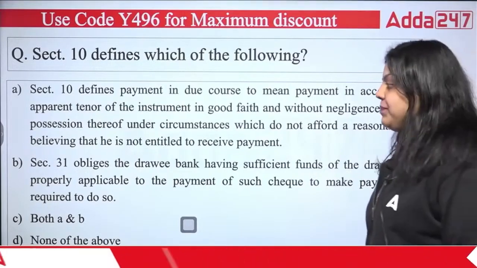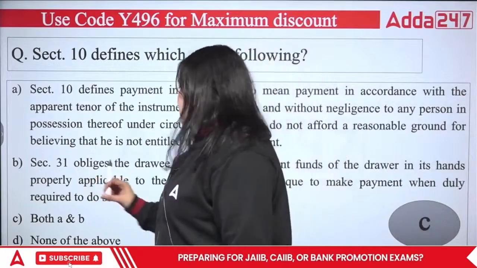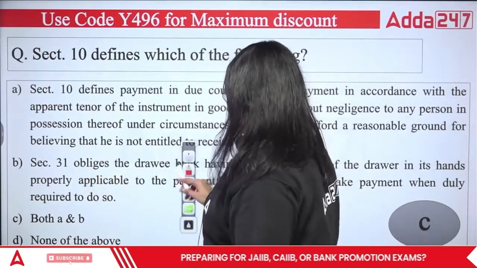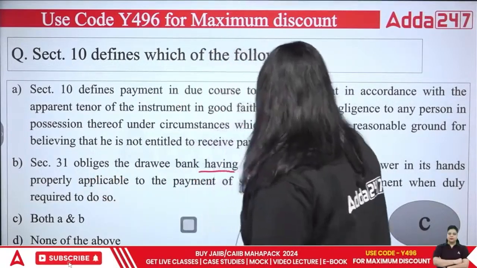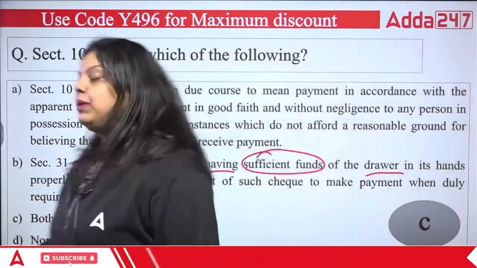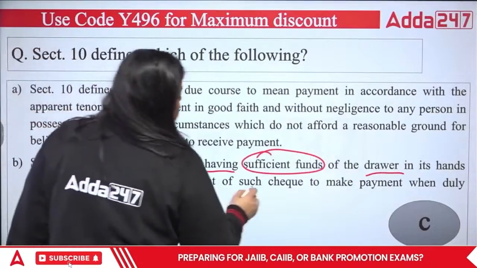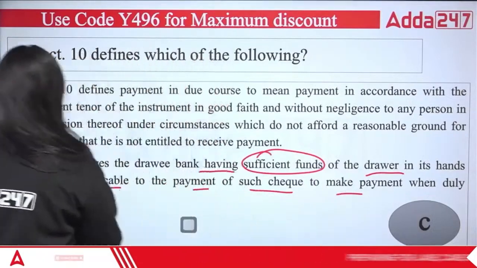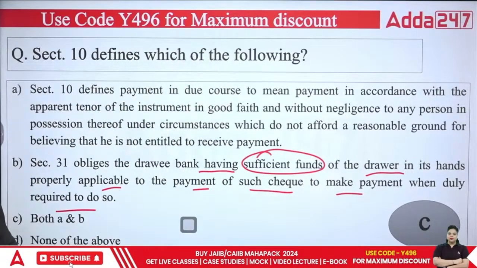For B, section 31 also obliges the drawee bank, having sufficient funds of the drawer in its hand properly applicable to the payment of such check, to make payment when duly required to do so.